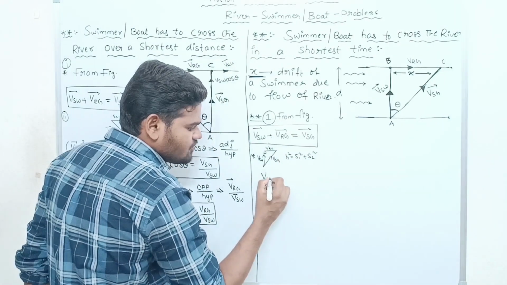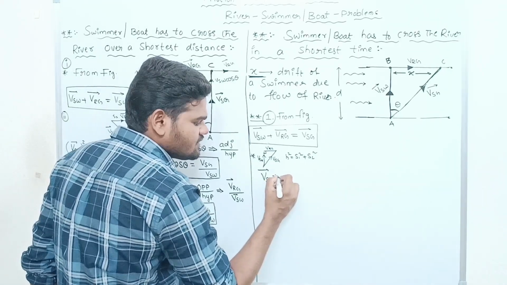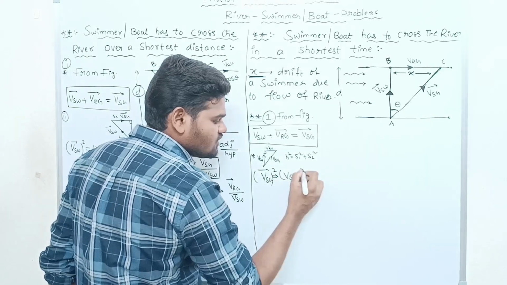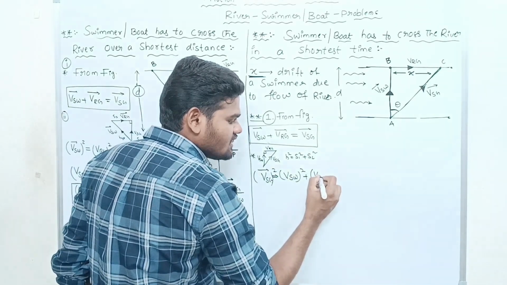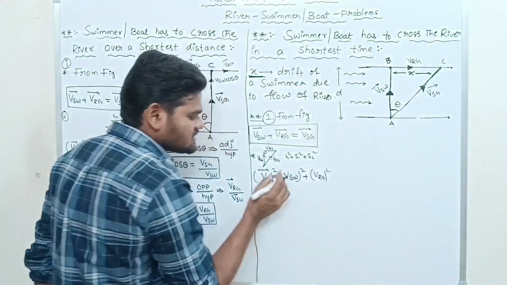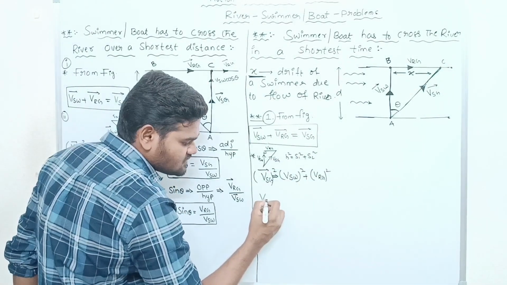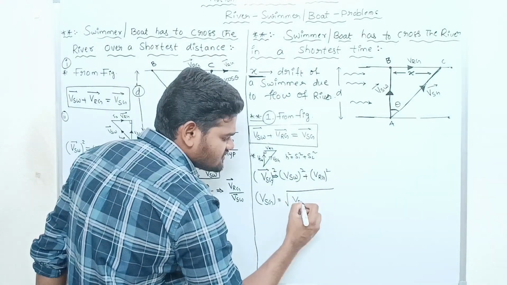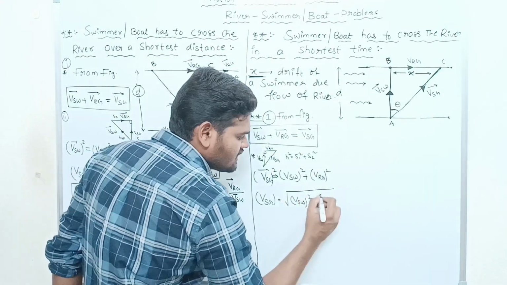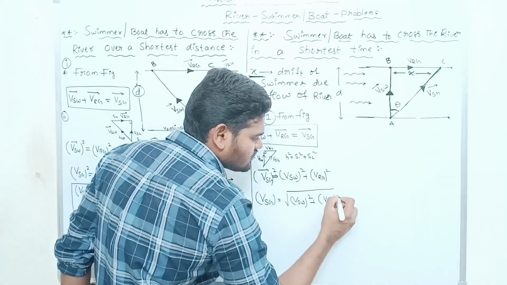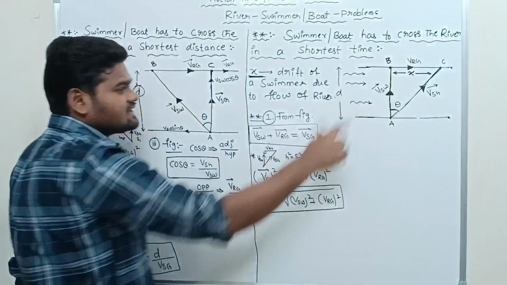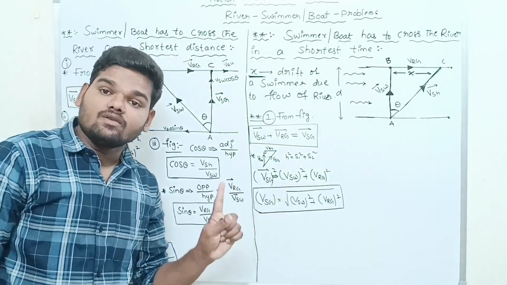Then velocity of swimmer with respect to ground whole square is equal to velocity of swimmer with respect to water whole square plus velocity of river with respect to ground whole square. Taking the square to that side, velocity of swimmer with respect to ground is equal to under root of velocity of swimmer with respect to water whole square plus velocity of river with respect to ground whole square. So this is the resultant velocity of swimmer with respect to ground.